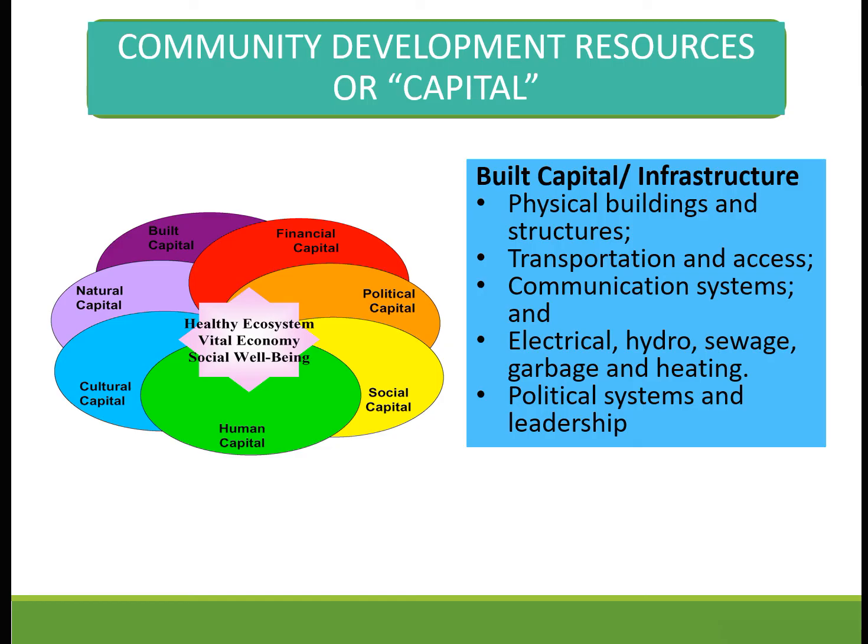Or does it at least have a community center or something where you can hold community meetings and that sort of thing, and events? Is there transportation and access? Communication systems, as well as, of course, all things to do with like a city or neighborhood, like electric, hydro, sewage, garbage, etc. And also you need to look at the political systems and leadership.